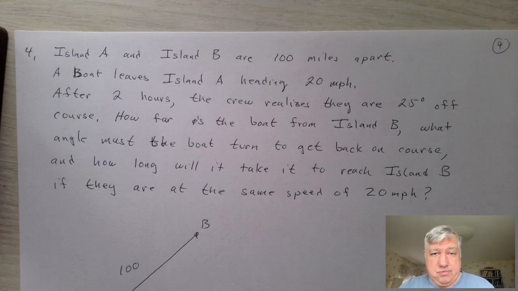After 2 hours, the crew realizes they are 25 degrees off course, maybe because of wind or something. How far is the boat from island B, and what angle must the boat turn to get back on course, and how long will it take to reach island B if they are going at the same speed of 25 miles per hour? So it's constant speed.